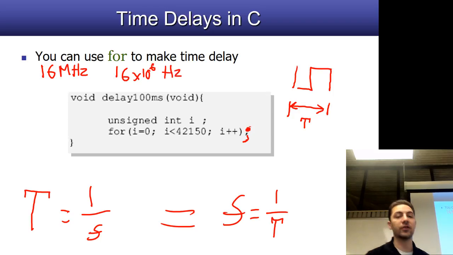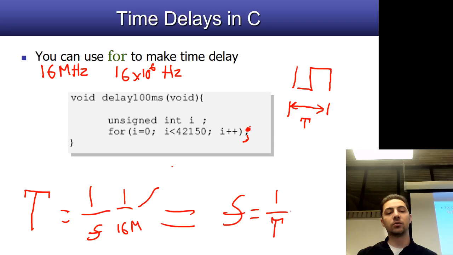So if I want to know the period, I can say 1 divided by 16 E 6. 1 over the frequency is 1 over 16 meg. That's equal to 62.5 times 10 to the negative 9.